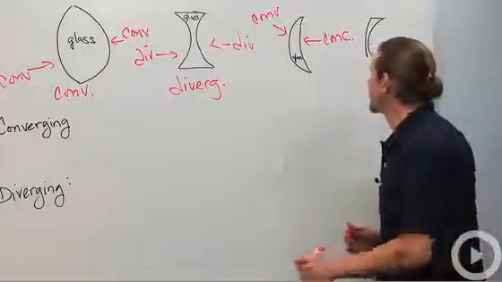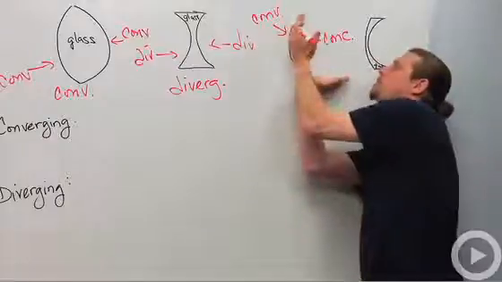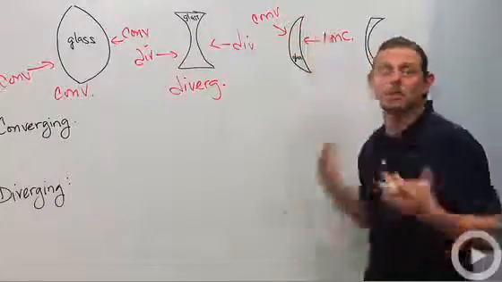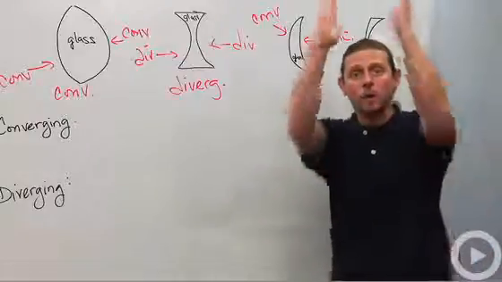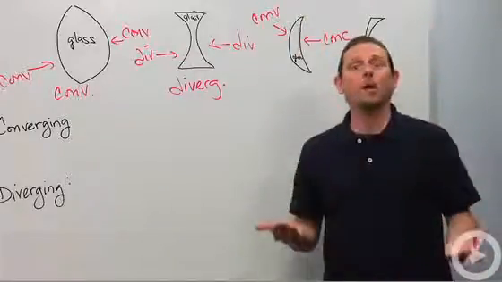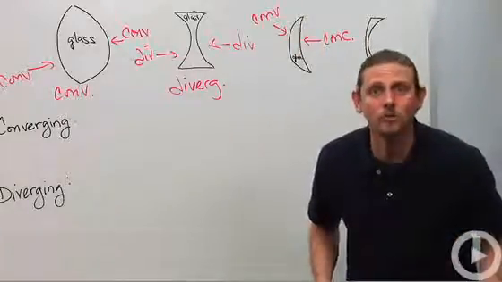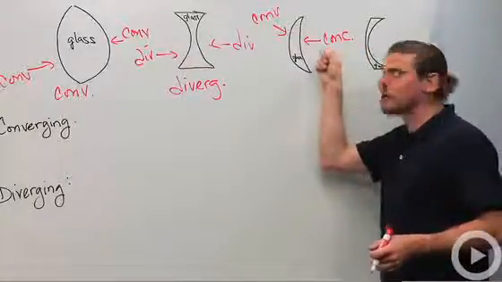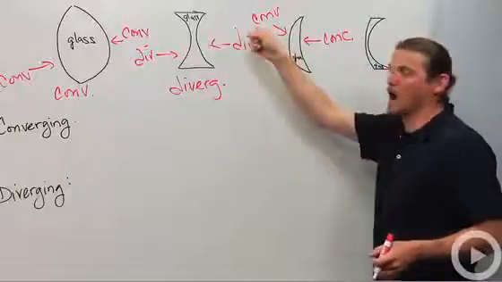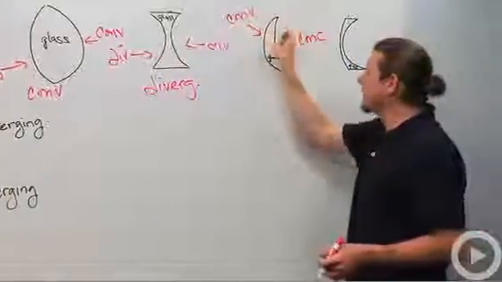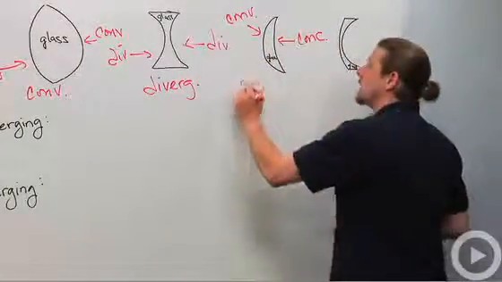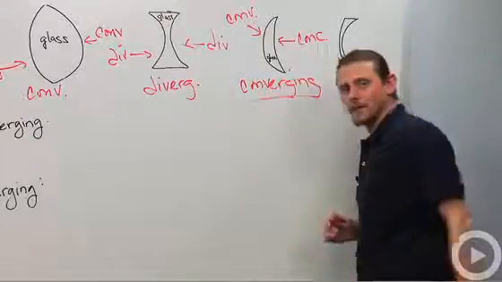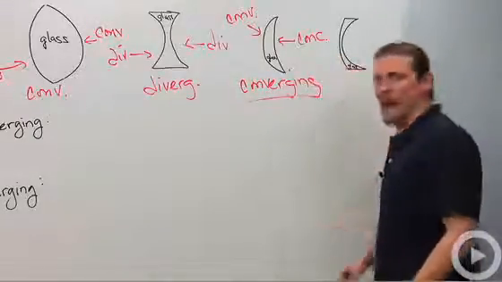Here's the idea. This side is more curvy. This side is flatter. It doesn't curve as much. Now, if it were completely flat, then it wouldn't converge or diverge. So in this case, the concave side is not as strong as the convex side. So the two together are going to combine to make a converging lens.